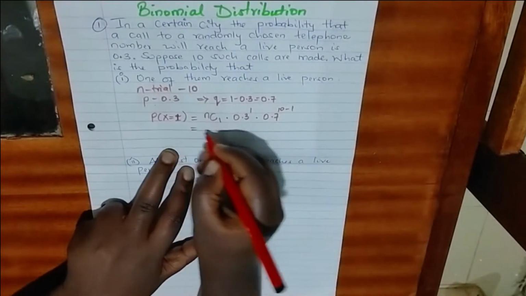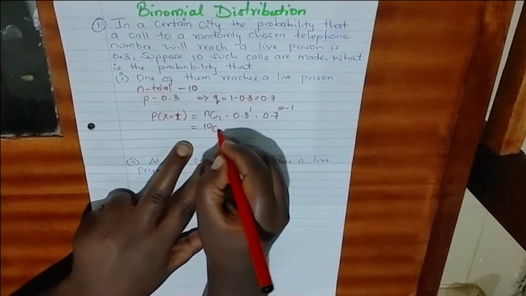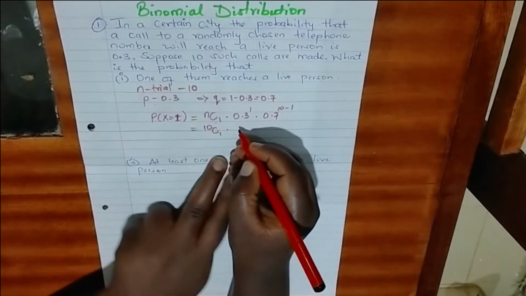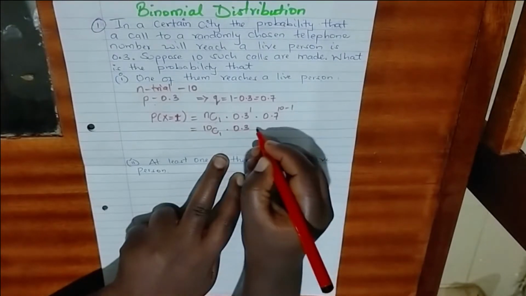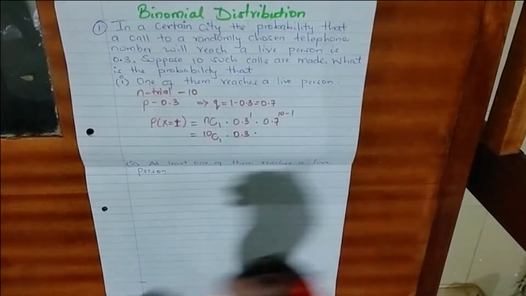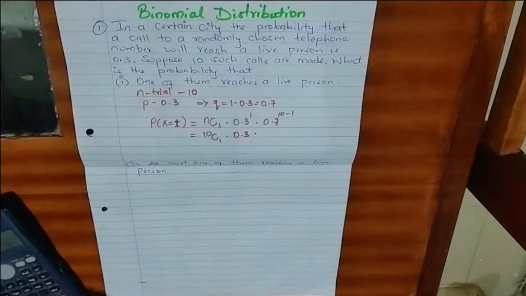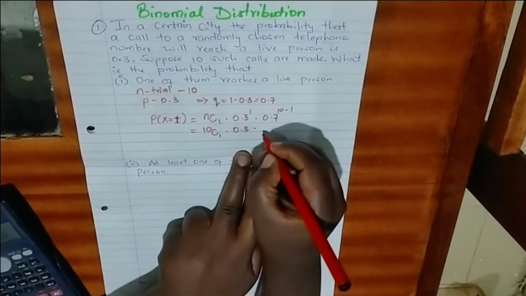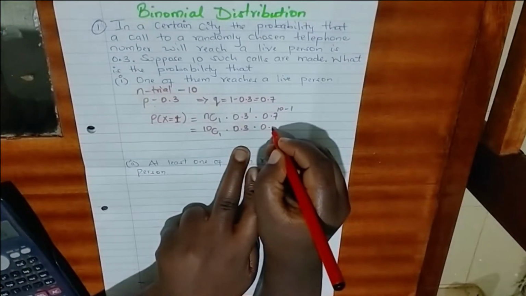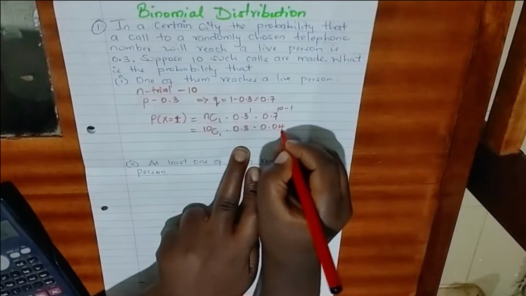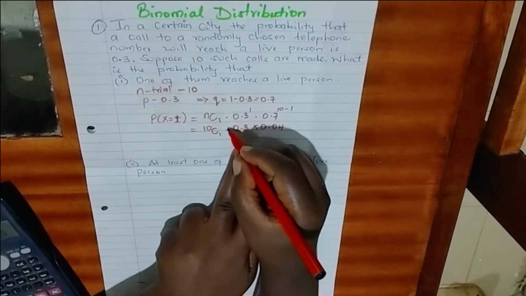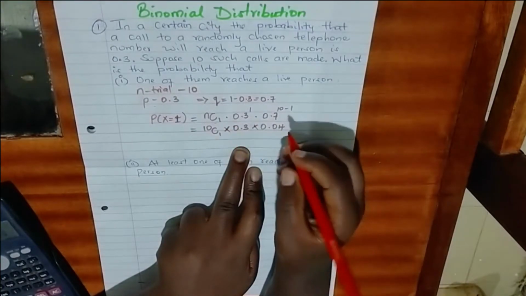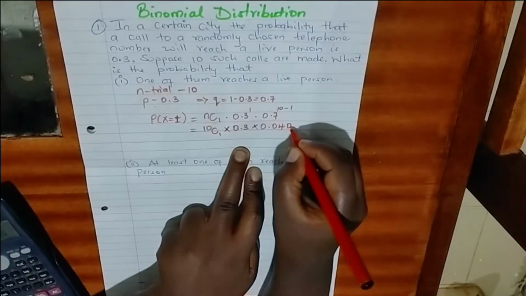So therefore this is 10 combination 1 multiplied by 0.3 multiplied by 0.7 raised to power 9, which is approximately 0.0403.